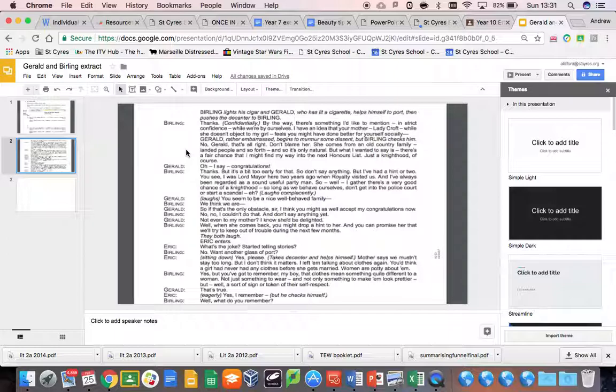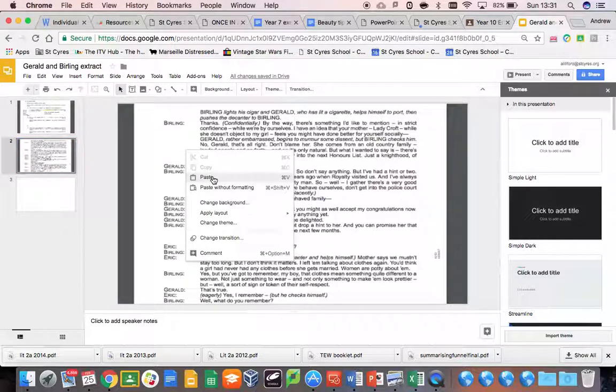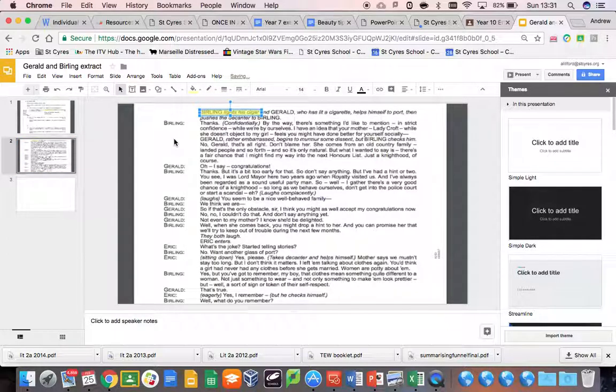So let's have a look. What have we got? Well, first up we've got some stage directions. Birling lights his cigar, and Gerald, who has lit a cigarette, helps himself to port. So we might bring this out, because what we've got there is this sense of a comfortable situation for the two of them.